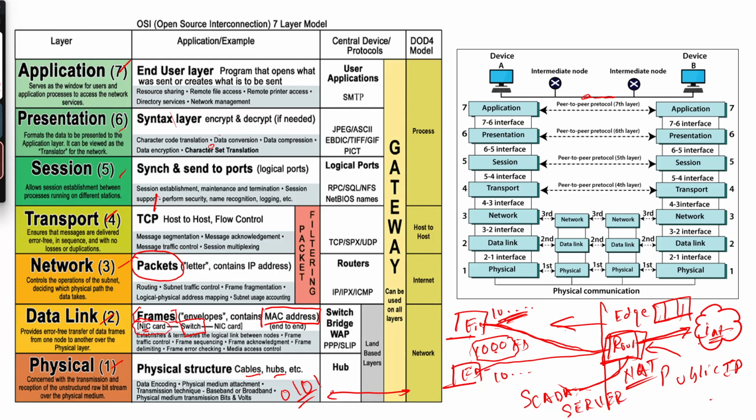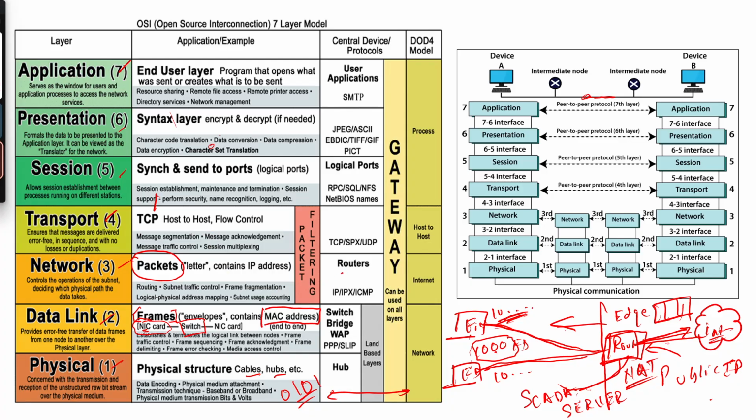And when the packet comes back from the destination or the server, the router will translate back from the public IP to the private address. So this is how the communication happens from on premises to the internet, and this is where the network layer comes into the picture.